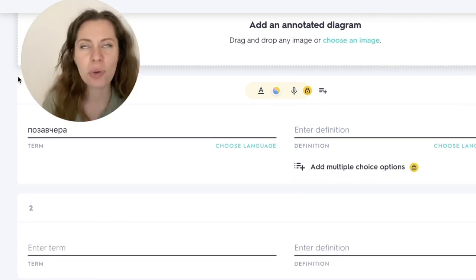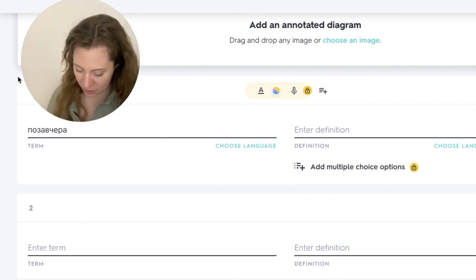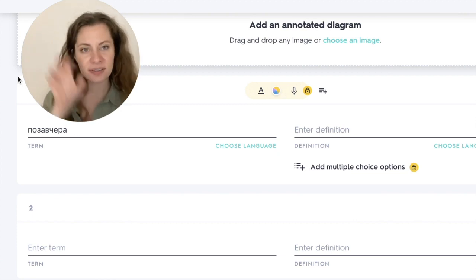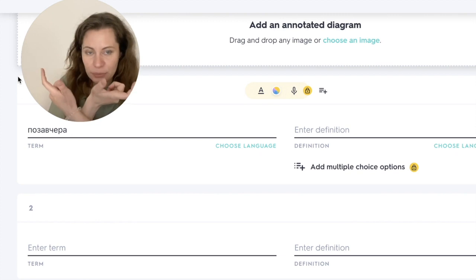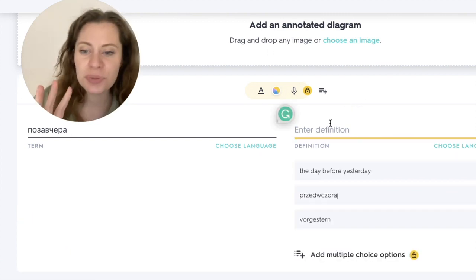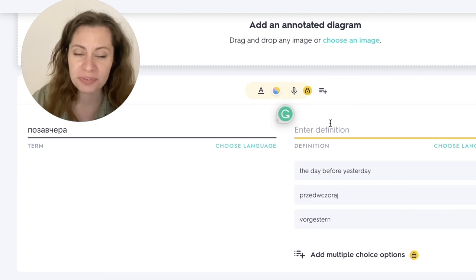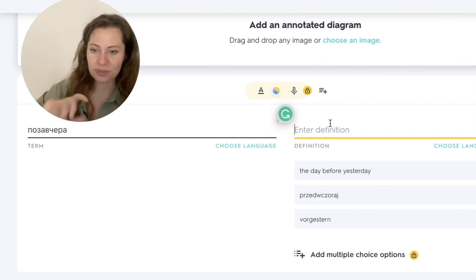That's the second problem that I see in a lot of flashcard sets. People tend to memorize words in the target language and in their own language. For example, позавчера, we're trying to get rid of English as much as possible, obviously.